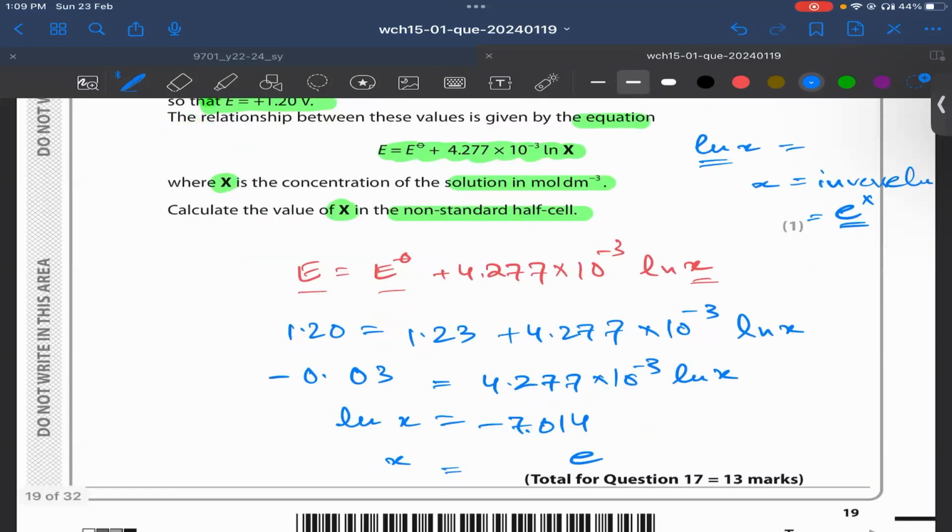So we can simply write e to the power minus 7.014. On the calculator, you just shift ln, and the value is minus 7.014. So this would be the answer, 8.99 times 10 power minus 4. You get it? Yes, 8.99 times 10 power minus 4. So you can write either this or the inverse of ln. So this will be the answer.